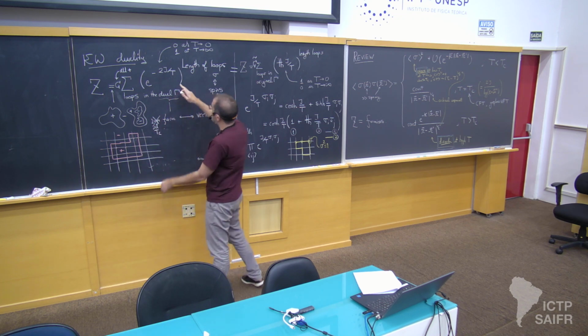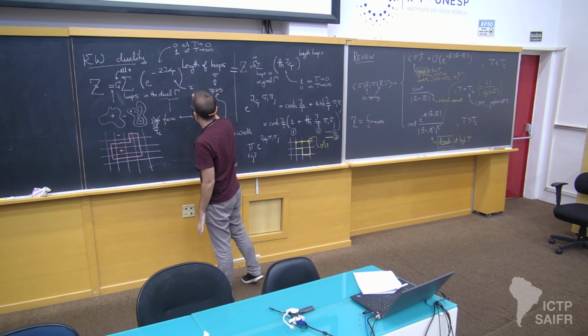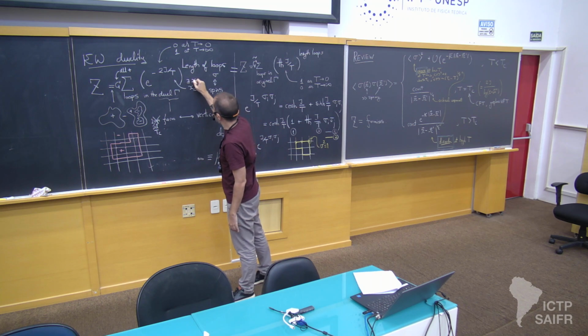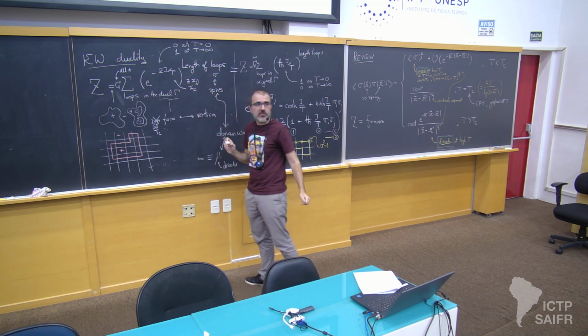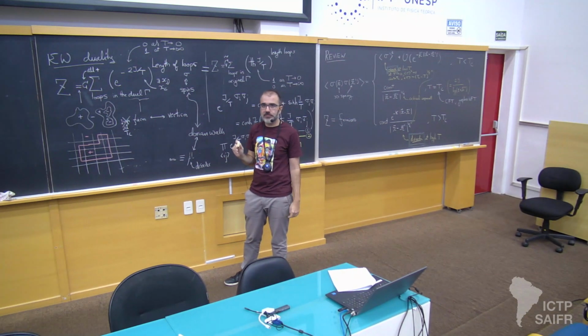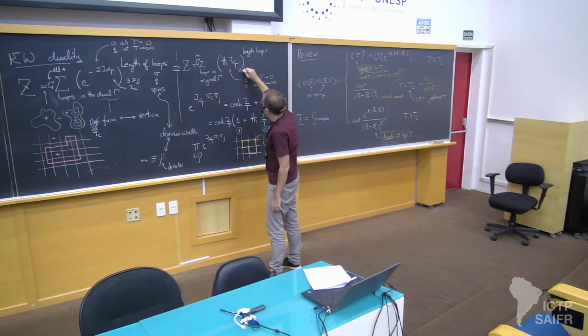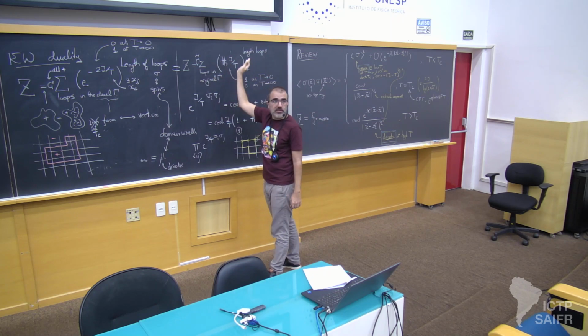So that means that if I call this weight x, there exists an x critical where this partition function has a critical point. But similarly, if I call this weight x tilde, there exists a critical value where this partition function is critical.